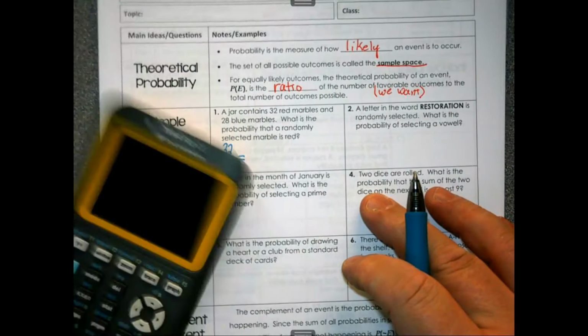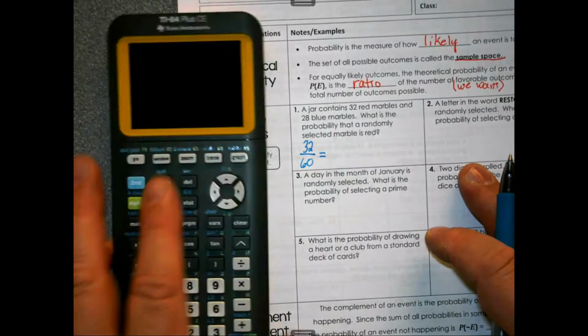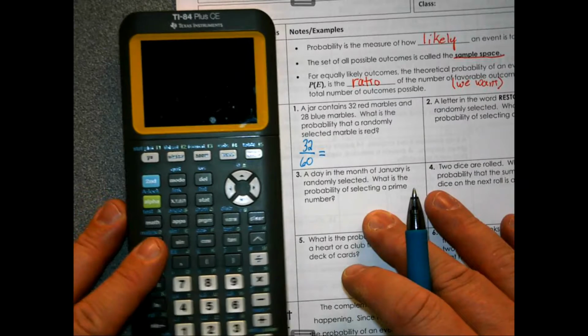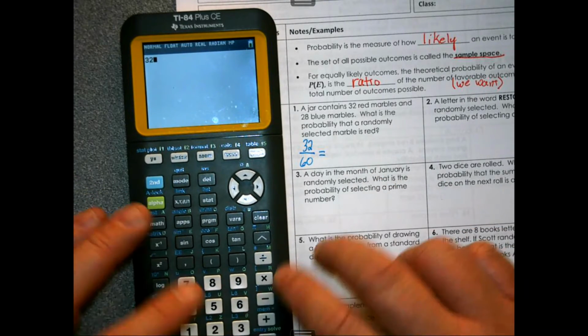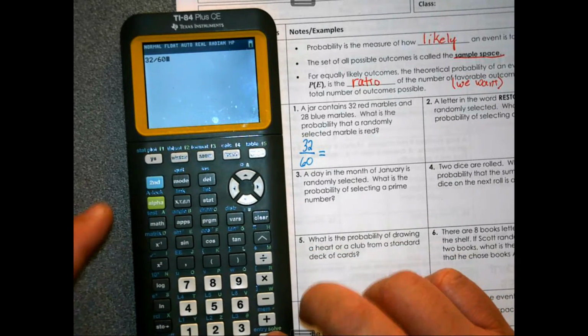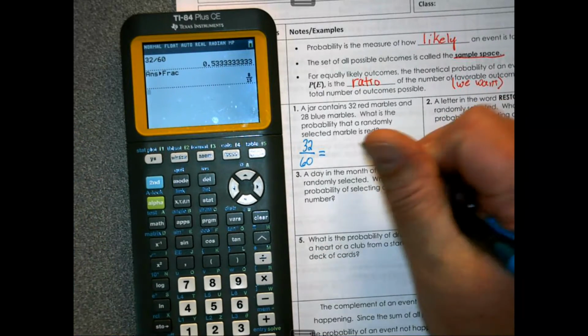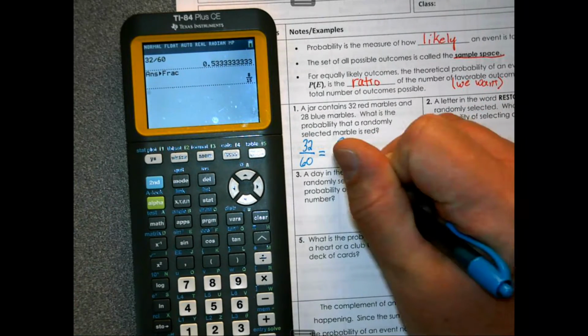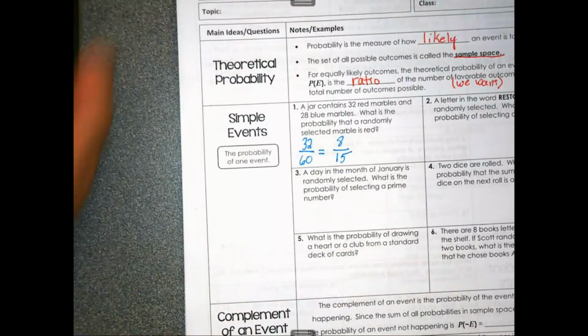Because I'm terrible at fractions, I'm going to let my calculator do the work. 32 divided by 60, and I get 8/15. I'll do the rest of them in my head.